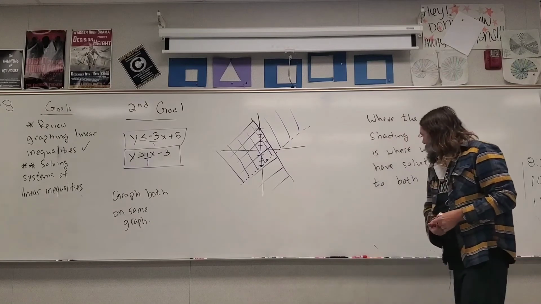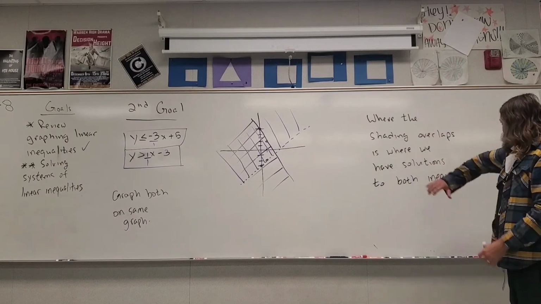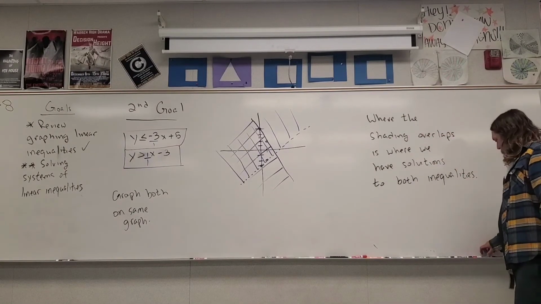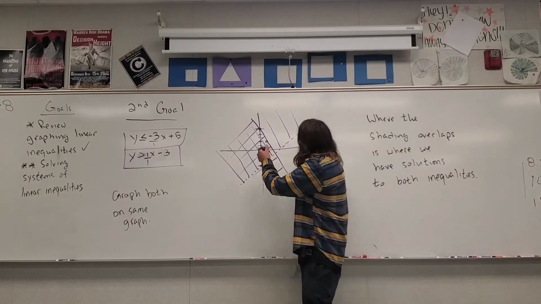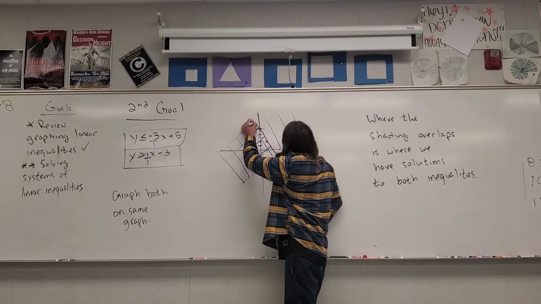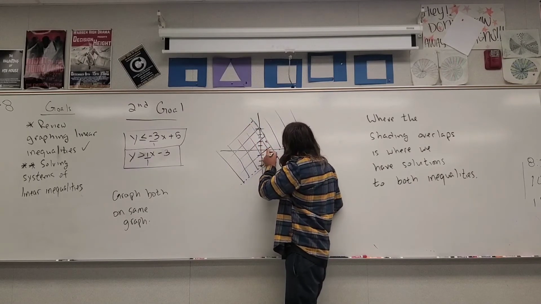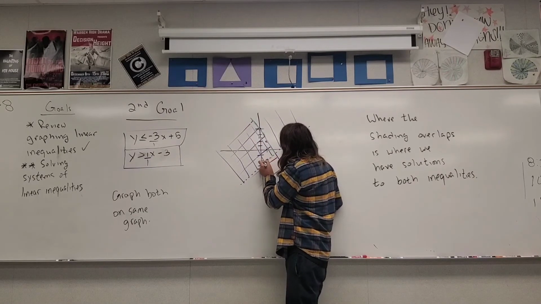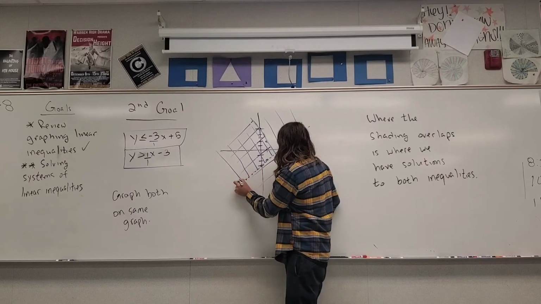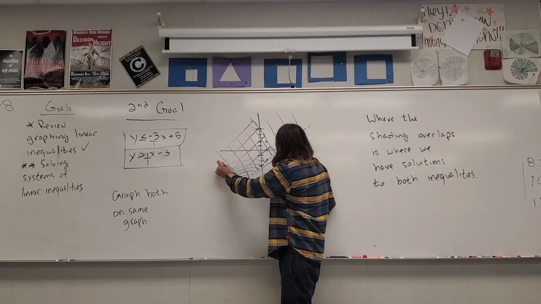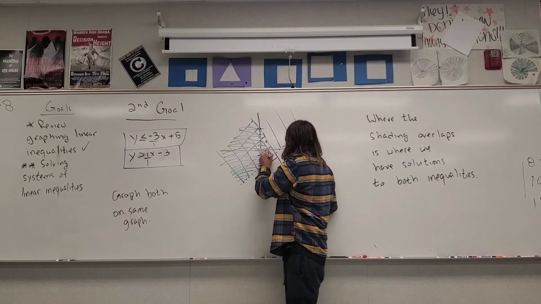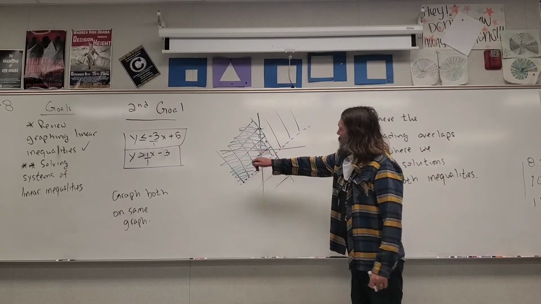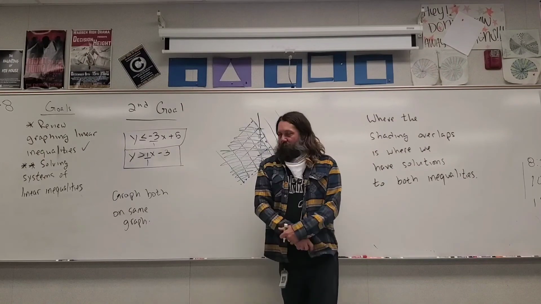Again, I want to reinforce that the solution is where the shading overlaps. I will color the overlapping in a third color, so we can see where the solution is. Now that I know where it overlaps, I can shade a little more heavily, so it's very clear that any point I pick in here will make both of these true.